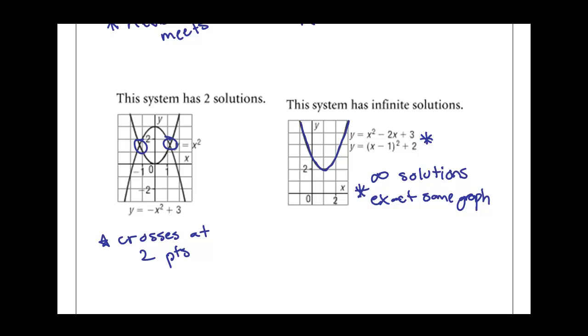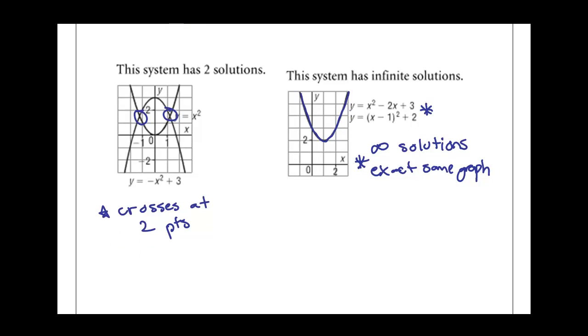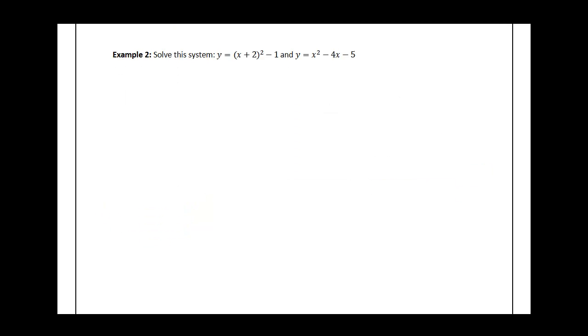Let's look at an example to see how it works. So, example 2, solve this system. y equals (x plus 2) all squared minus 1, and y equals x squared minus 4x minus 5. So you can see we have 2 quadratics here.